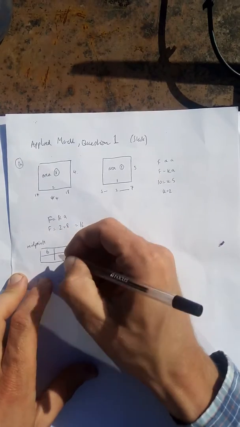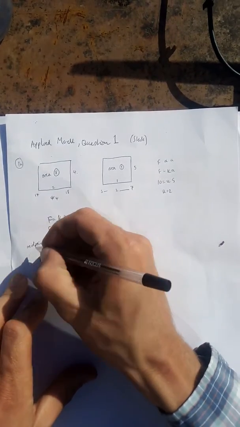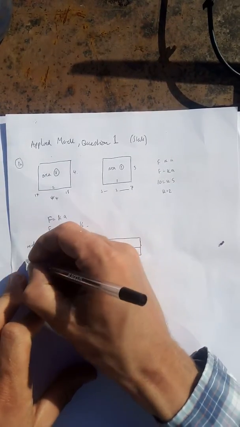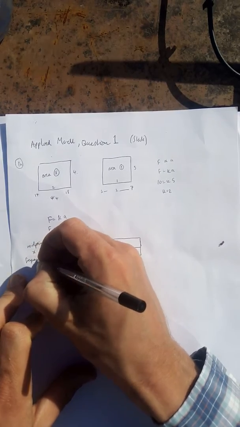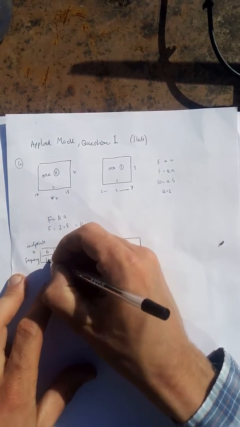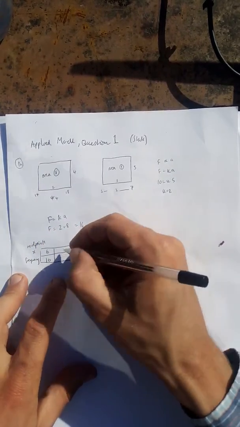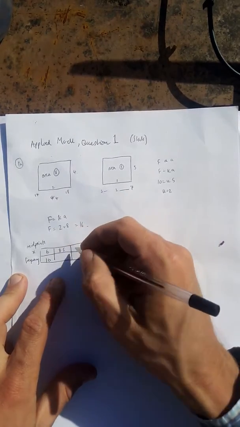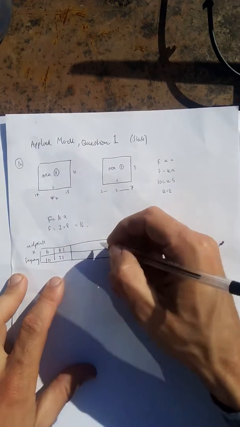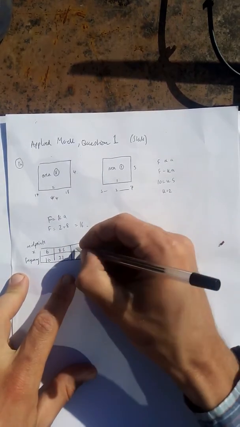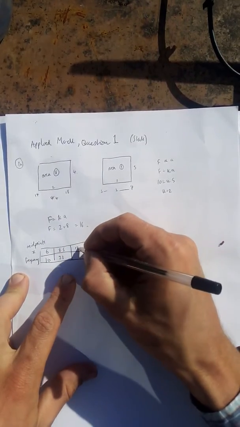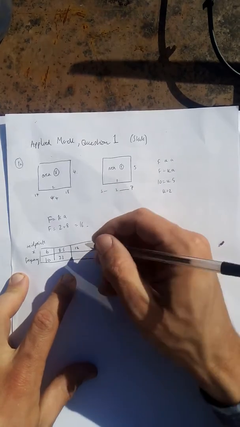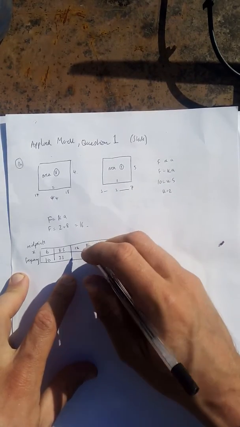So 6, and then we've got frequency, so that's 10. Midpoint of 7 and 10 is 8.5, frequency of 23. Midpoint of 10 and 14 is 12, hang on, 24.